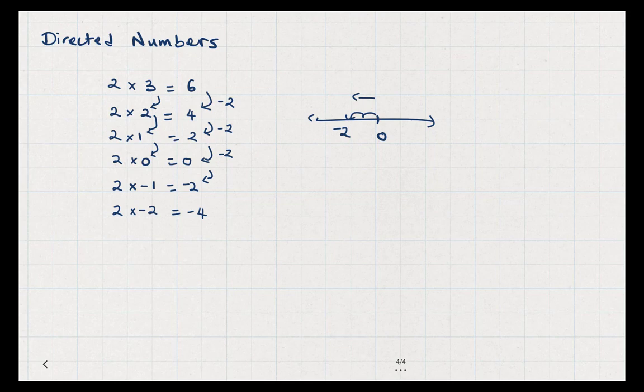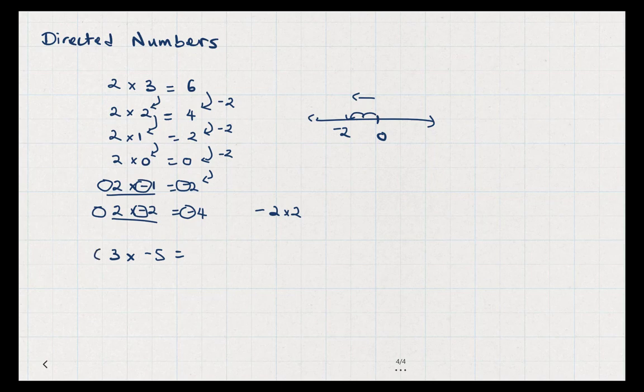So now, using this knowledge, I can apply it to other numbers such as 3 times negative 5. Having a look at what I had in these two cases, the positive number multiplied by a negative number resulted in a negative.